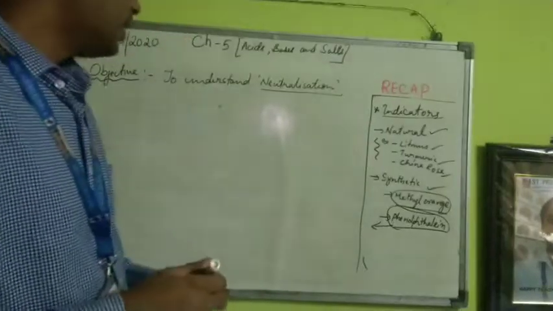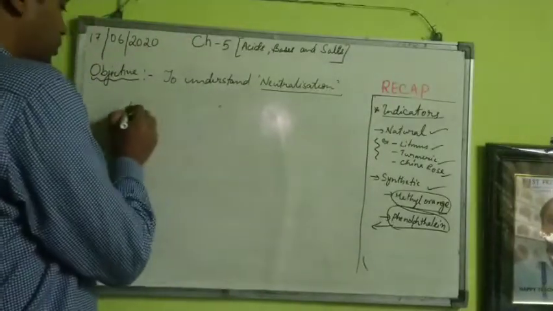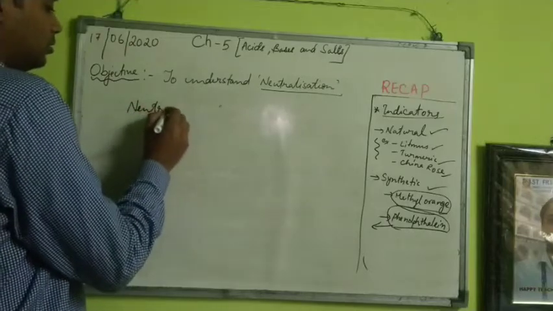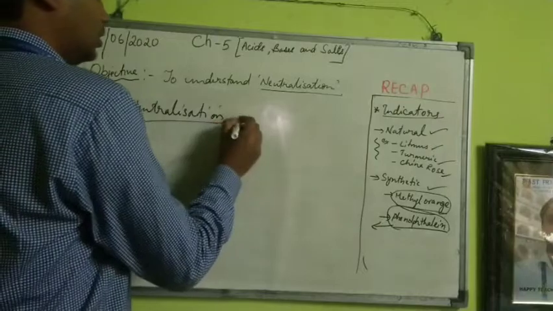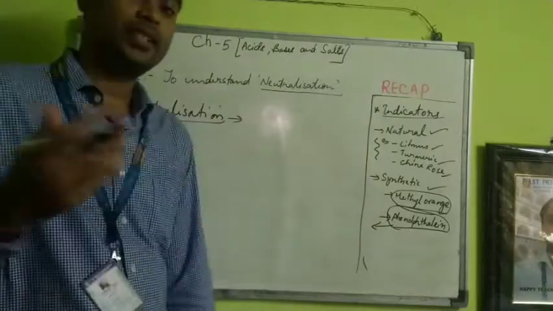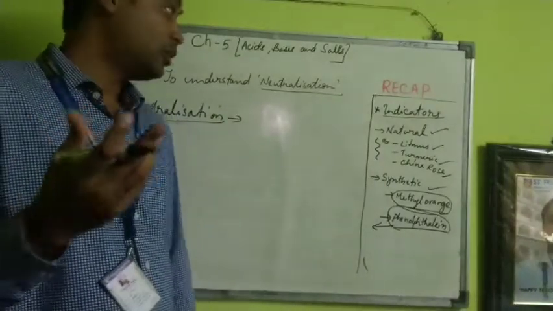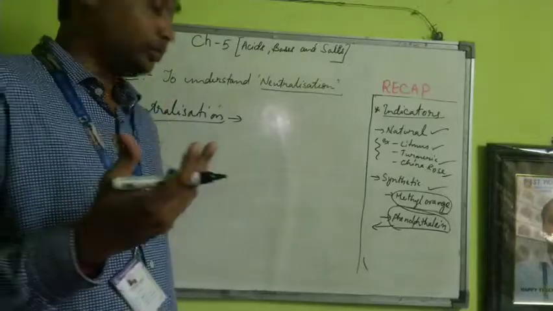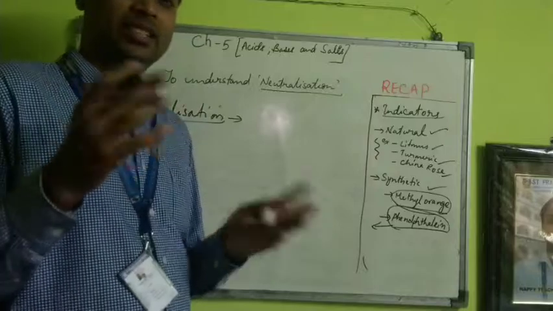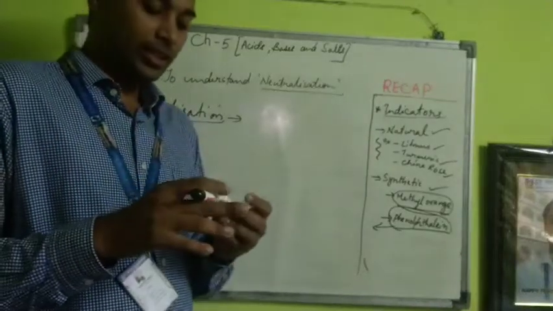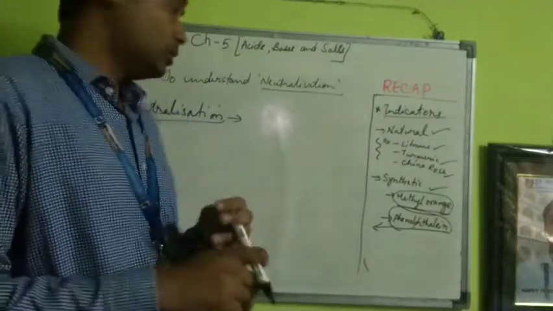So basically, what is neutralization? It is a process where an acid reacts with a base to form a neutral solution. That means the acidic effect and the basic effect are neutralized by the effect of each other. So what can we write?